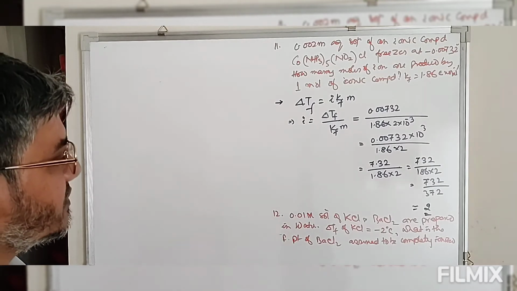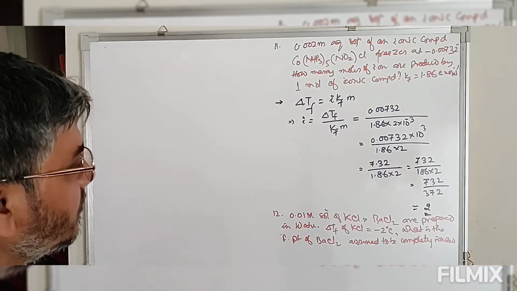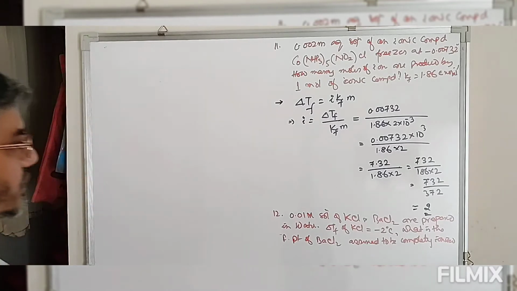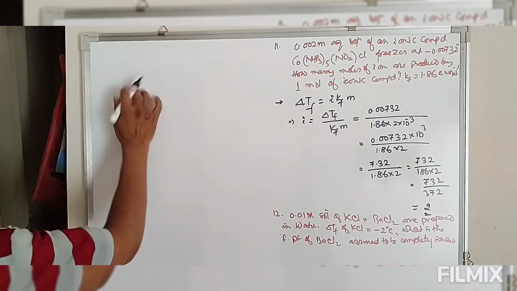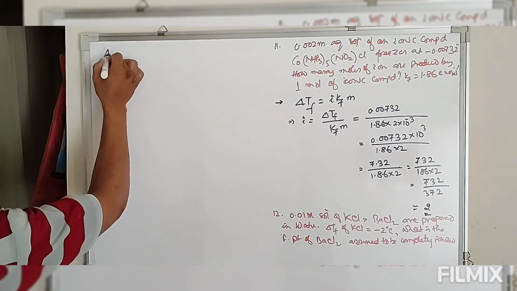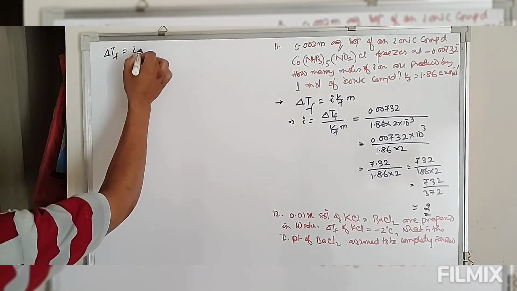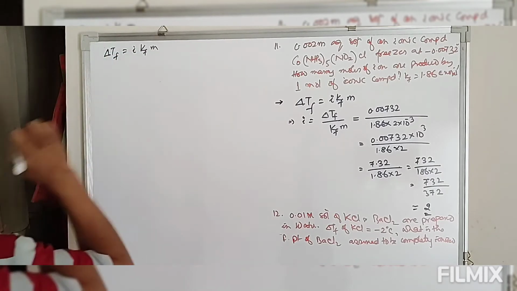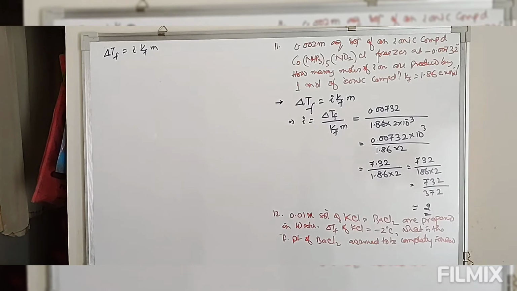Now we have to find the freezing point of BaCl2. Now look at this. Delta Tf is equal to i times Kf into molality.